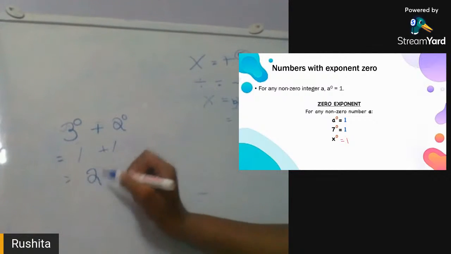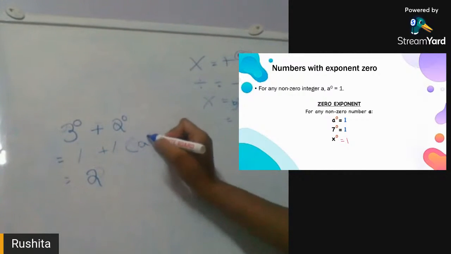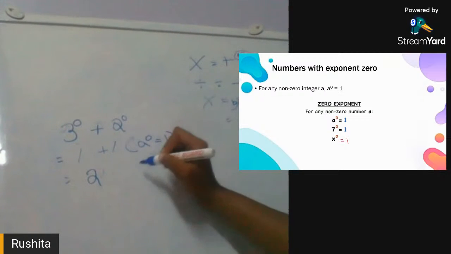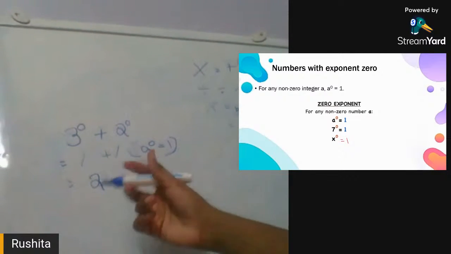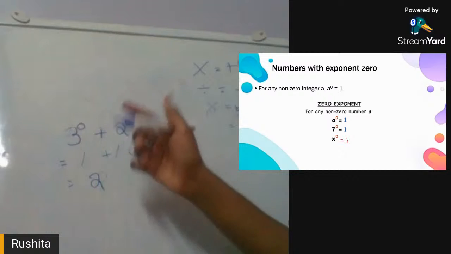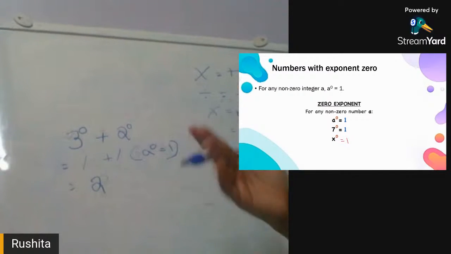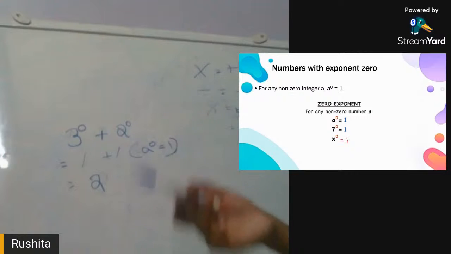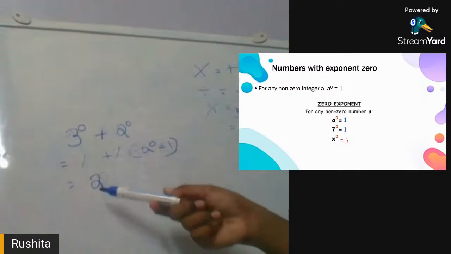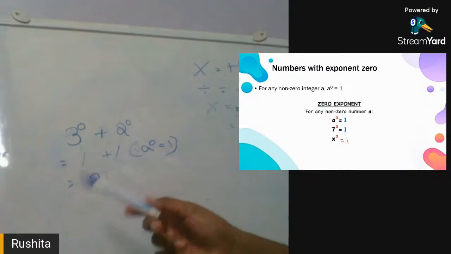So 1 plus 1 is 2, right? 2. So when addition comes, whatever number has exponent 0 will always become 1, and together they become 2.